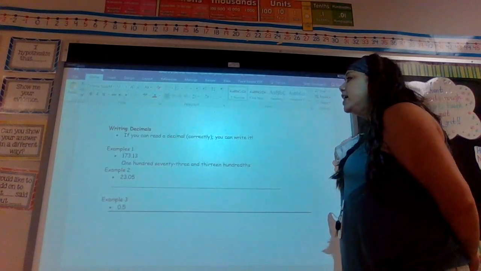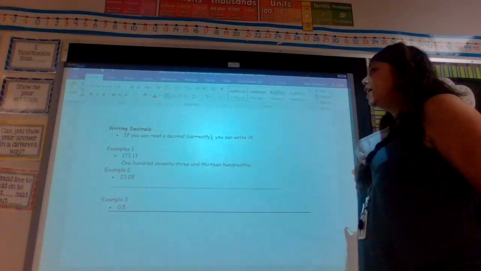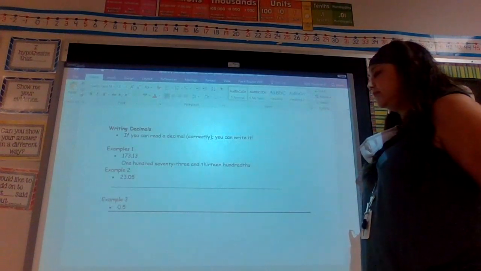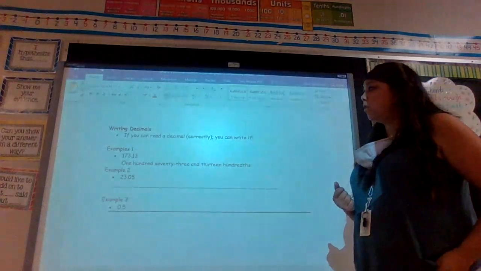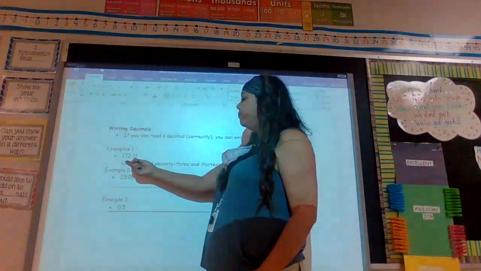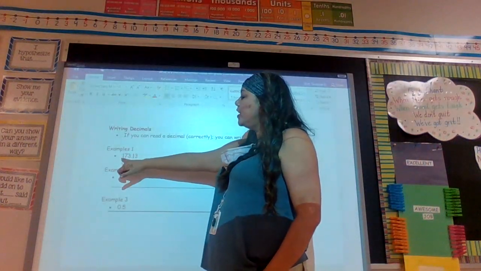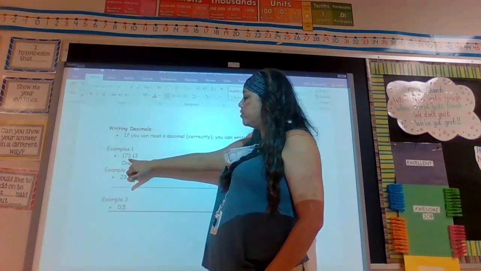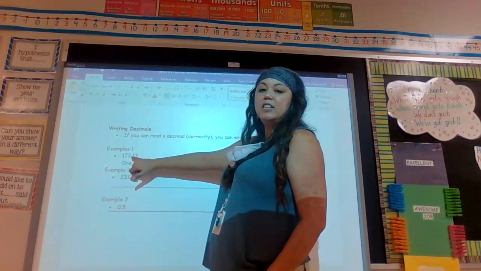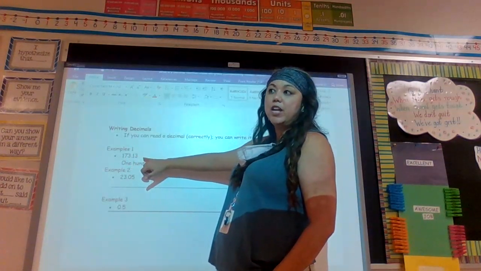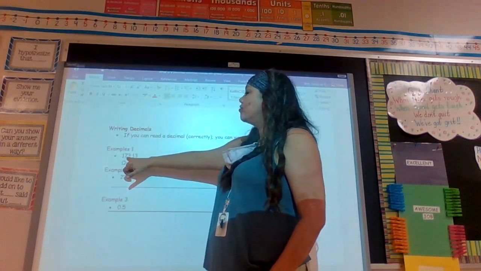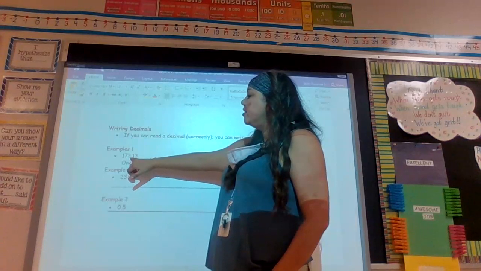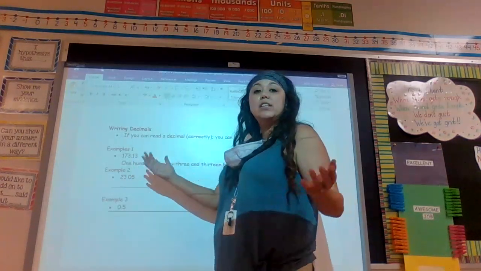If you can read a decimal correctly, you can write it. Okay? So here, you're looking at how they're written in word form. For example, when we taught you how to read it, you read the whole number part first, then you say and, then you read the fractional part, and you say the last digit's place value. This is 173 and 13 hundredths. Well, guess how you would write it?